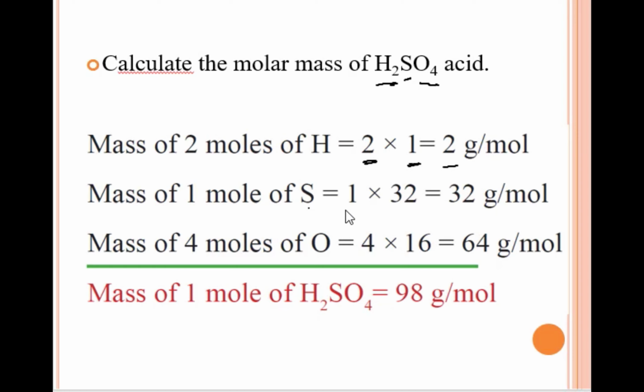We have 1 sulfur, 1 times 32, because 32 is the atomic mass of a sulfur atom. 1 times 32 is equal to 32 grams. For oxygen, 4 times 16 is equal to 64 gram per mole, and totally the molar mass of sulfuric acid is equal to 98 gram per mole.